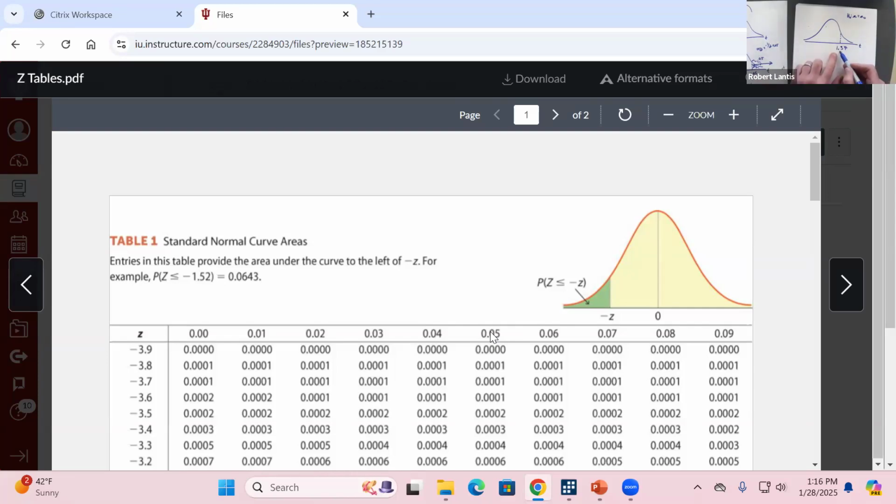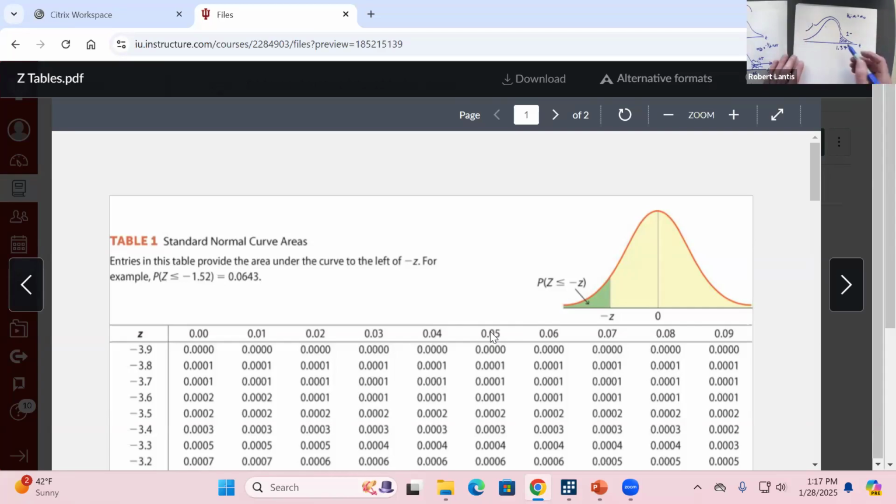What I can do is look up this value in the table. The problem is that the Z table will give me an approximation, and it's always going to give me the area to the left. So if I look it up, I want to know what the area to the right is. We said from last class, 1 minus. The area under the curve is 1, so just 1 minus that.